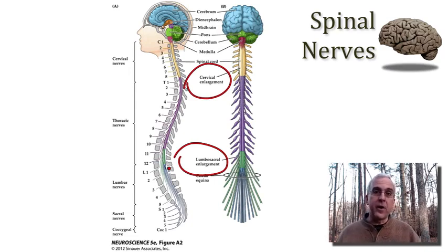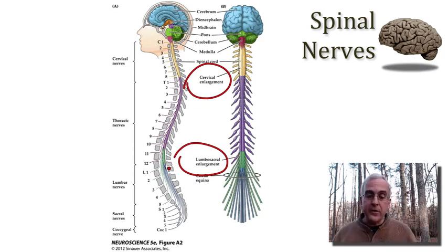Namely, this is where our arms and legs attach to the body axis. And in these 2 regions of the spinal cord, we find the nerves that provide motor output to the extremities as well as sensory input.